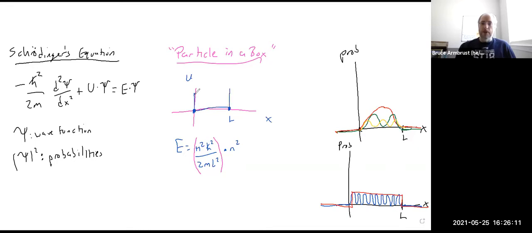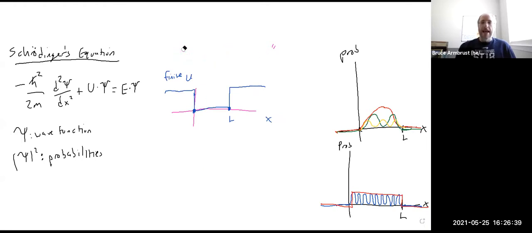All right, so here's what we're going to do. We're still going to have this particle in the box, but this time I'm not going to make it so that the U is infinite outside of the box. We're going to have a finite U. So what this means is now the particle that's in the box can actually get out of the box.